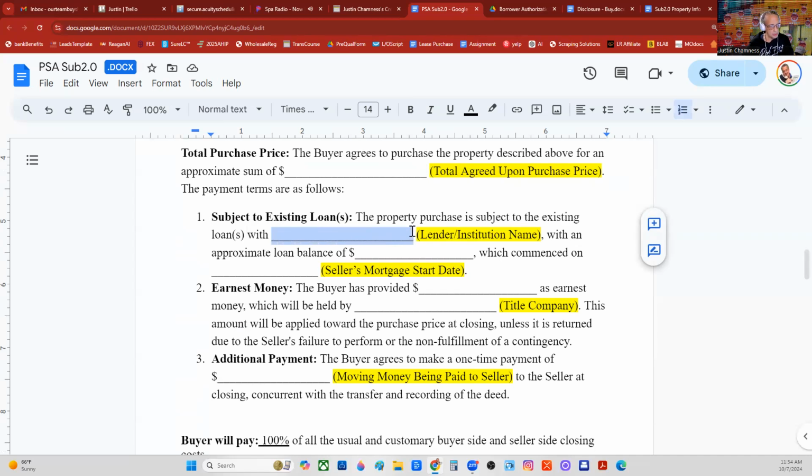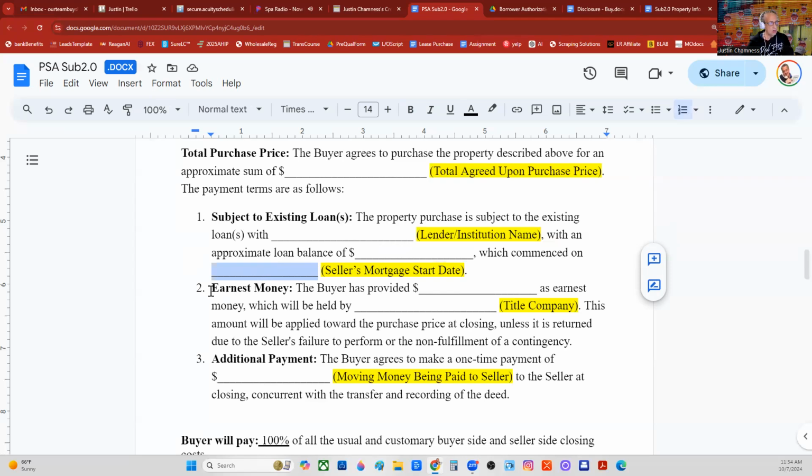Okay, whatever mortgage company that is, with an approximate loan balance of $196,000, let's say, for example, which commenced on, let's say he bought the house 2.5 years ago. Okay, so whatever that date was, he says he bought it in July of 2002, then put July 2002.